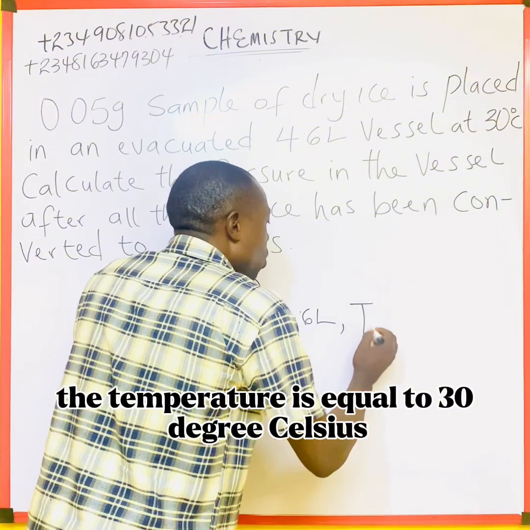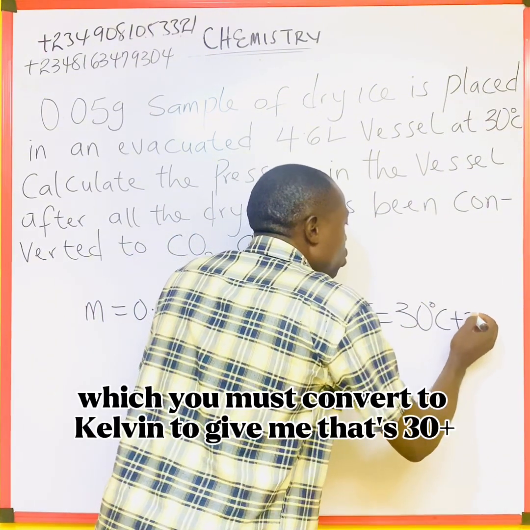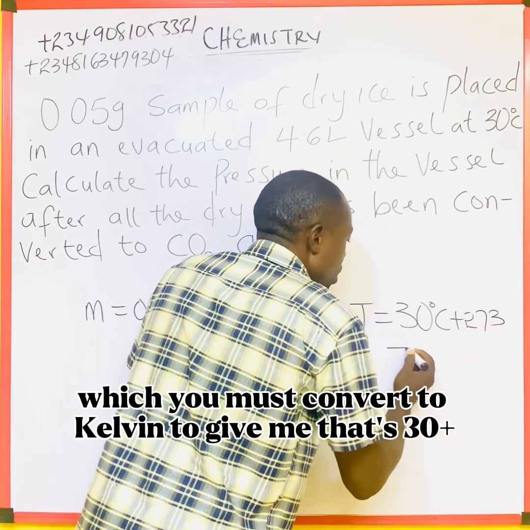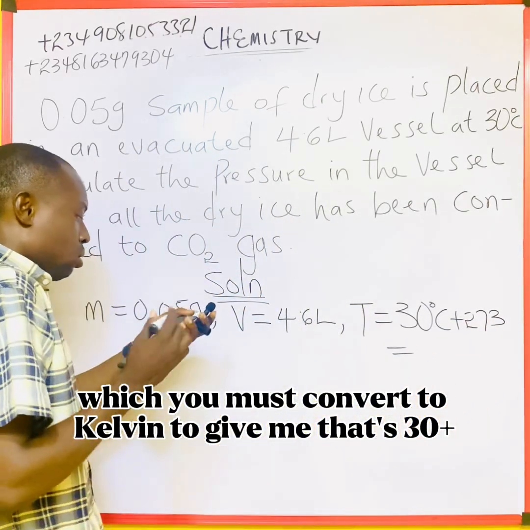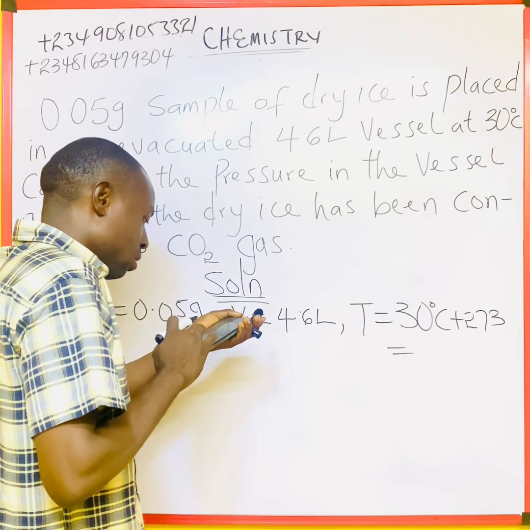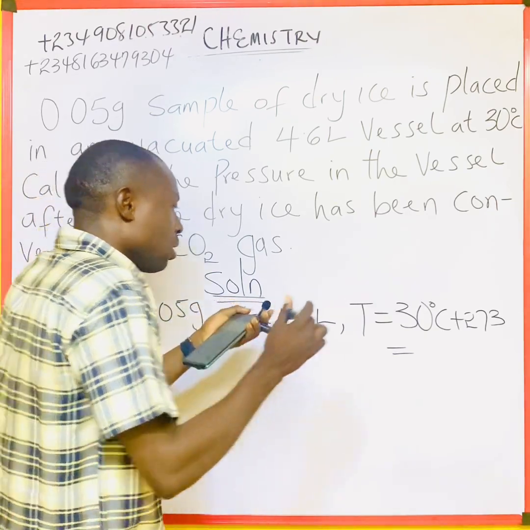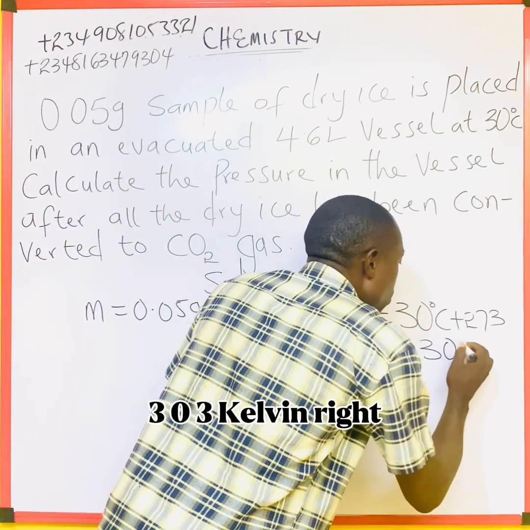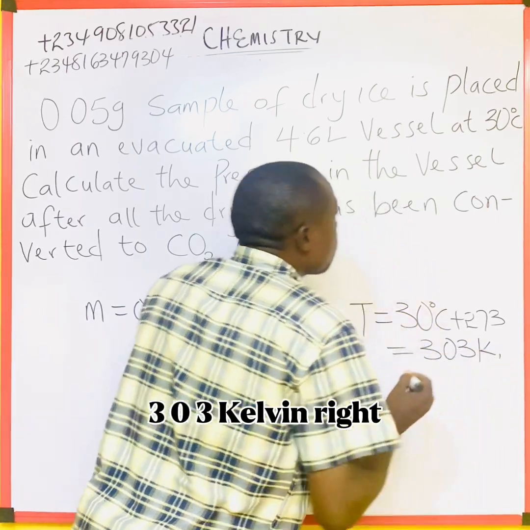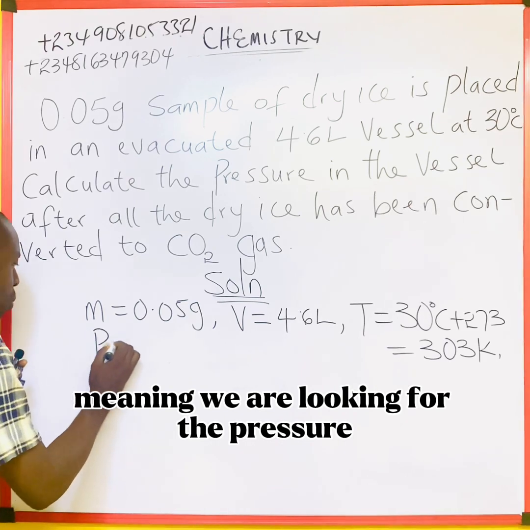The temperature is equal to 30°C, which you must convert to Kelvin, that's 30 plus 273, which gives 303 Kelvin, right? So we are looking for the pressure.